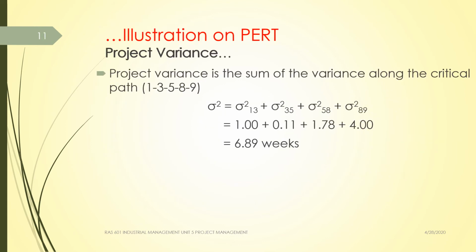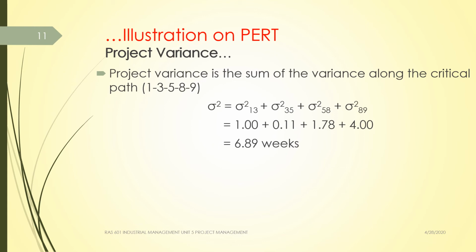Again, in order to find the variance of the project in totality, we can calculate it by taking the summation of variances along the critical path. Like, if I know the critical path passes through nodes 1, 3, 5, 8, 9, then for this path the variances are known: between 1 and 3, variance is 1.